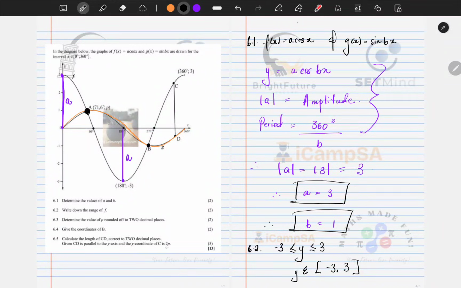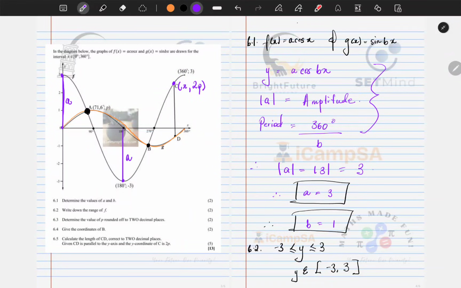Correct to 2 decimal places, given CD is parallel to the y-axis, right? And the y-coordinate of C is 2p. So we are already told that here, the y-coordinate, so you just have your x-coordinate, but the y-coordinate here is 2p.